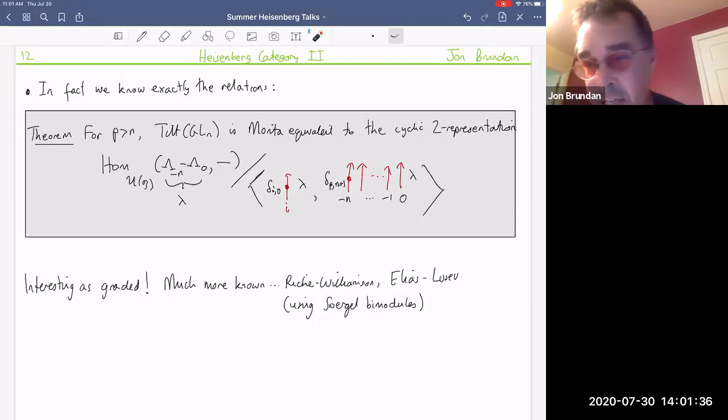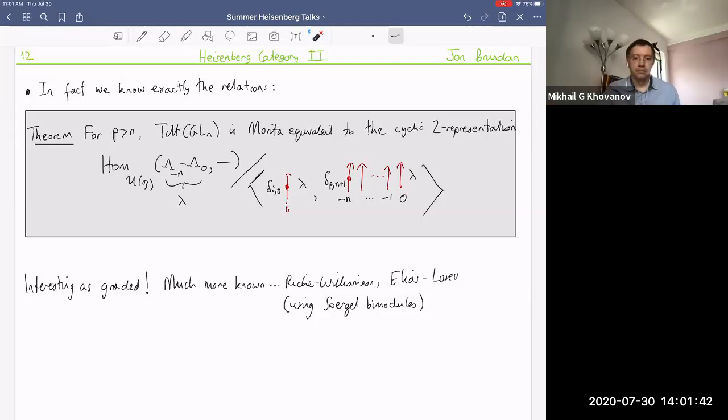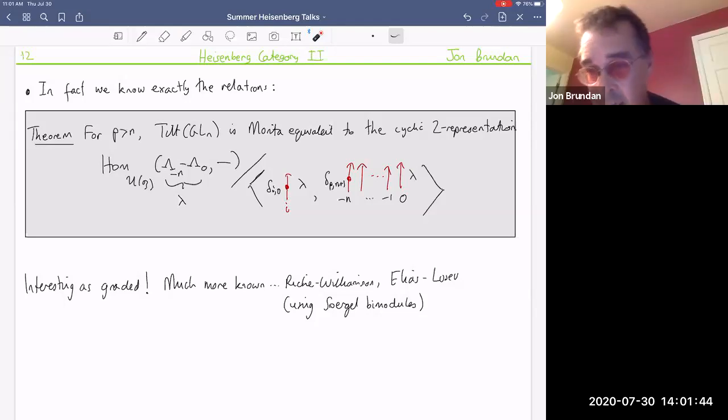In characteristic 0, tilt GLN is semi-simple, and it's the semi-simplification of the Deligne category, rep GLN. And in characteristic p, there's still an analog of that. There's still this larger category, which is sort of diagrammatic in nature, and tilt GLN is a quotient of that larger category. That's what you get if you drop that last relation, in fact.